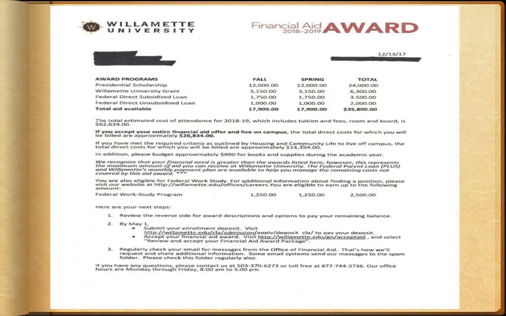So it's really easy to look at this and say, oh, great, I was awarded $35,800. Fabulous. But if looking at it, subtracting that loan, it's only about 33,000. It's still a great package, but still you have to really look at that.